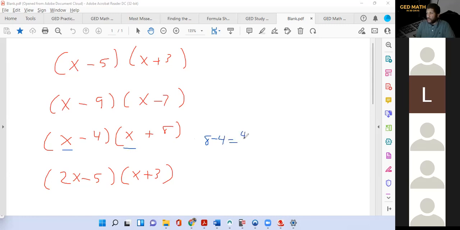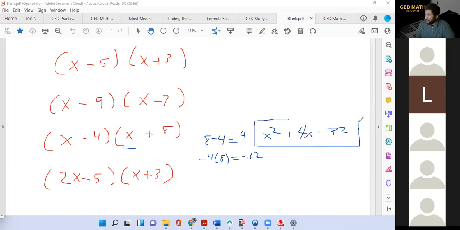Positive 4. And then minus 4 times 8 is what? Negative 32. So now I just do x squared plus, this is my first term, 4x, and then minus 32. I'm done.